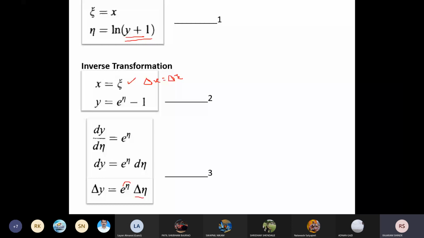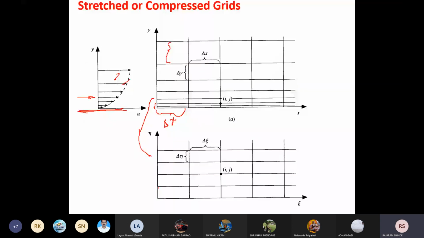That means if you go back to this one, you see here, when we increase the eta in this direction, your y is going to increase. Eta is increasing in this direction, and your delta eta is constant.